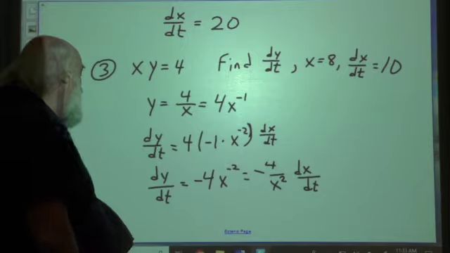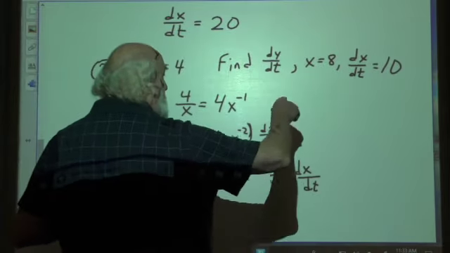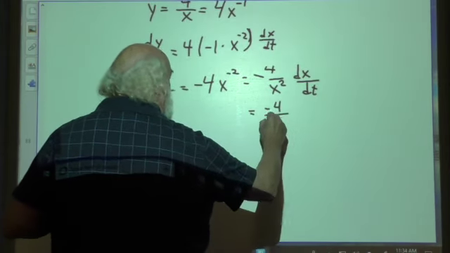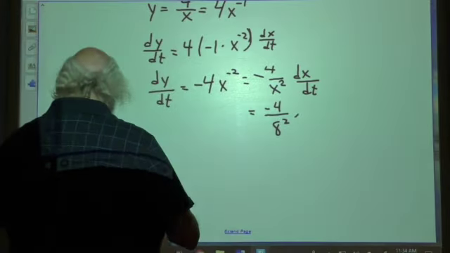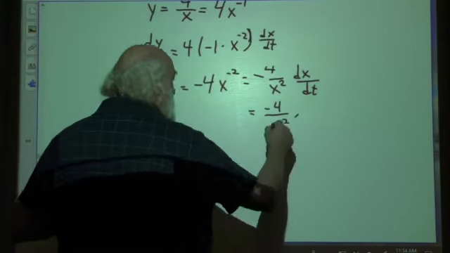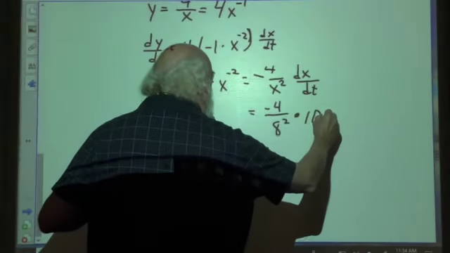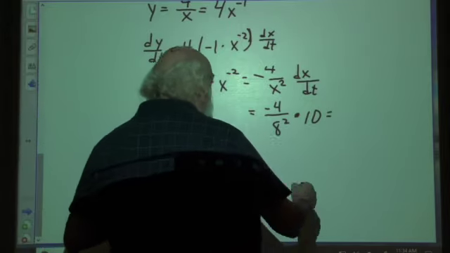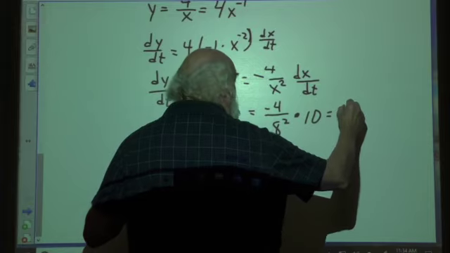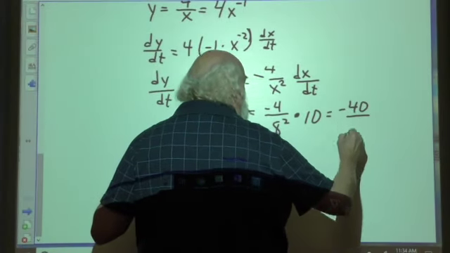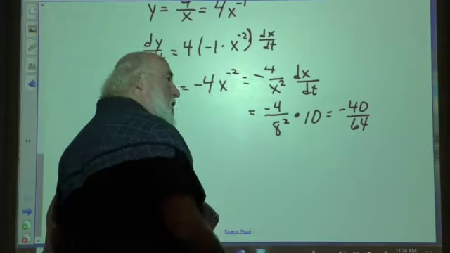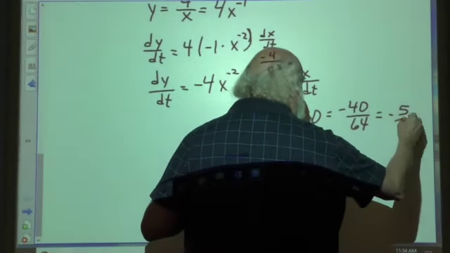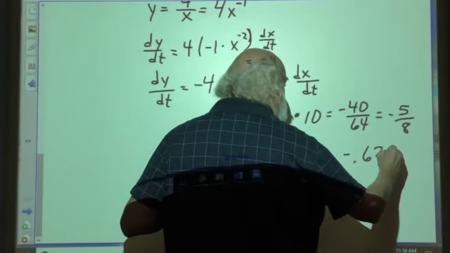Now we're ready to plug in. Since x is 8, this becomes -4 over 8 squared times dx/dt, which we said is 10. So this gives -4 times 10, which is -40, over 64. Simplified, you get -5/8, or -0.625 on the calculator.